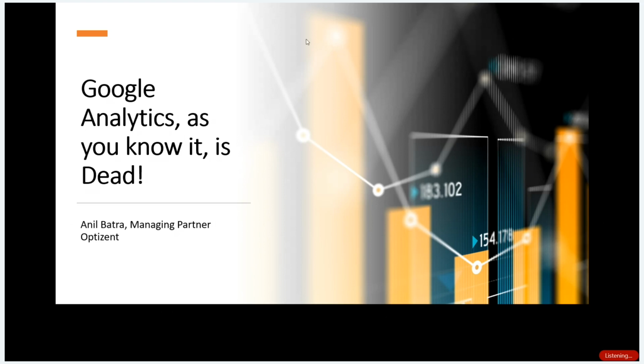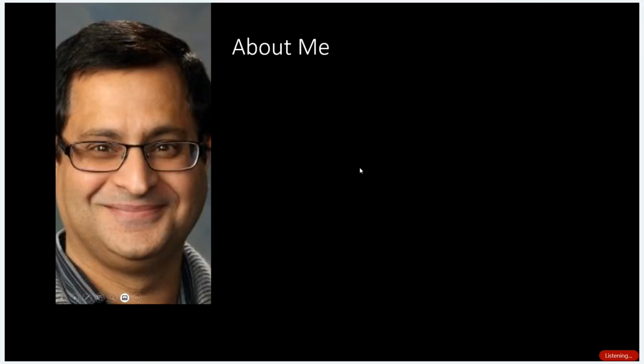Before we dive in, let me give a little bit more information about who I am. Gail did a good job on explaining who I am, better than I would do. She said 17 years, 20, who's counting? Sometimes I write 17, sometimes I write 20. I was just counting at what point did I start doing digital analytics.